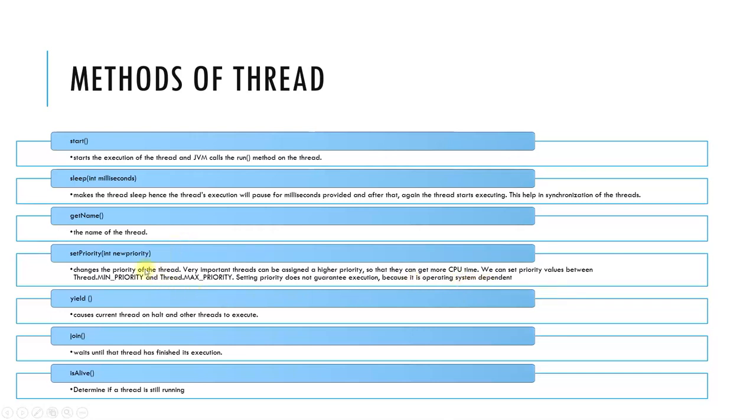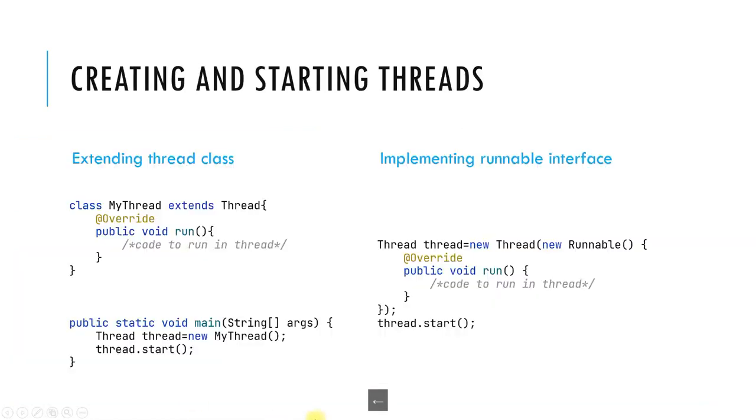Also, we have the yield method, a static method, which causes the current thread to halt and allows other threads to execute. It's like the thread saying, I'm not in a hurry, anyone can go, I can just wait for a time. It will just take the runnable state as I showed before.